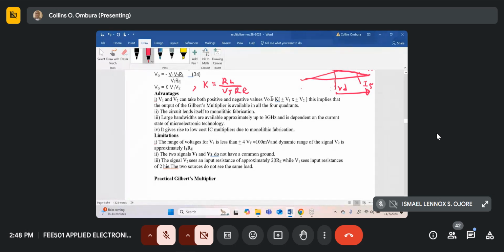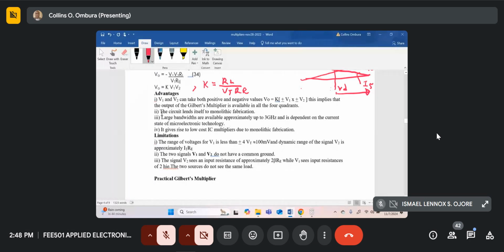So the output will be some scalar into plus minus V1 times plus minus V2. And this implies that the output of a Gilbert multiplier is available in all 4 quadrants. So the Gilbert multiplier cell is referred to as a 4-quadrant multiplier.